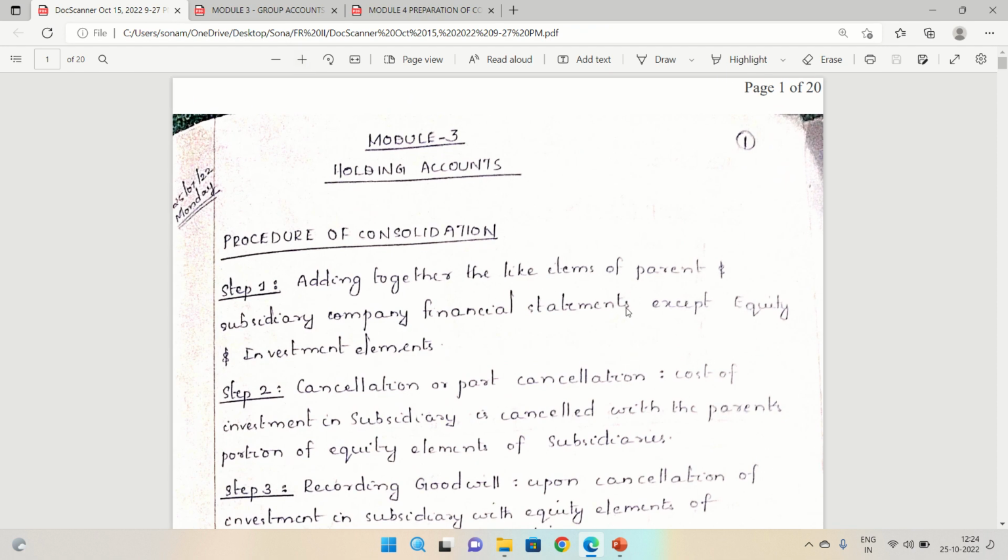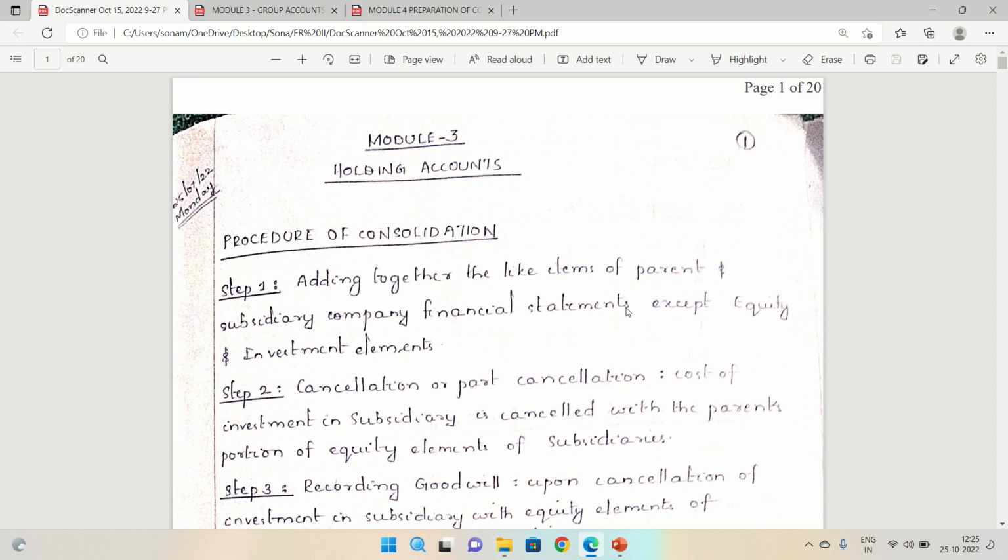So step one of the procedure is adding together the like items. Adding together the like items of parent and subsidiary company financial statements except equity and investment elements. So, except for equity, that is share capital, maybe share premium, reserves, and investment elements, for example, investment in associate, investment in subsidiary.